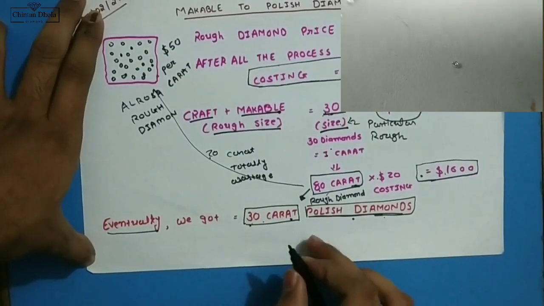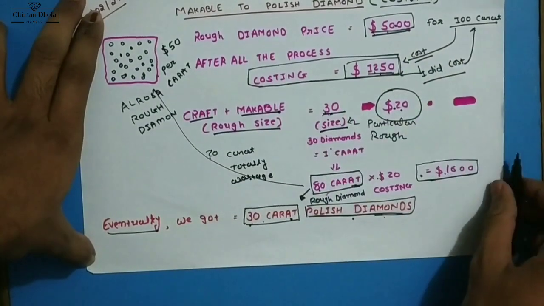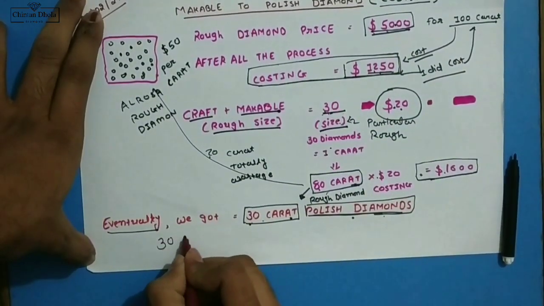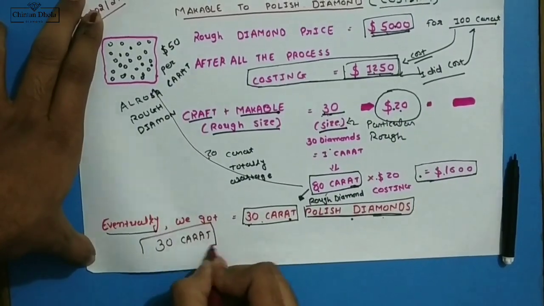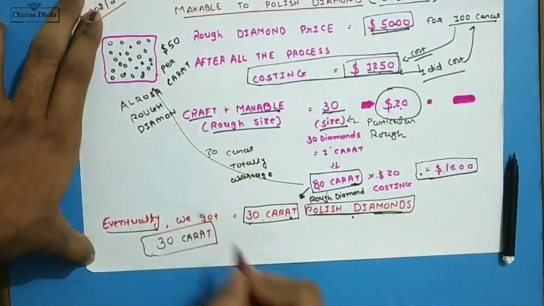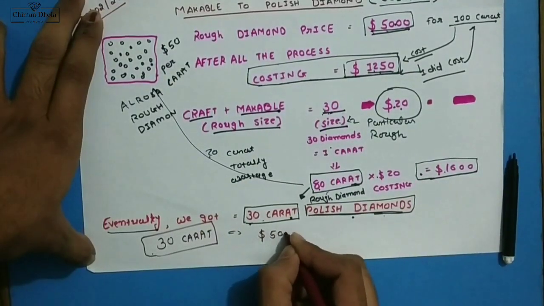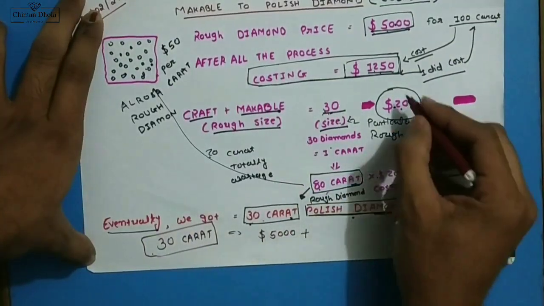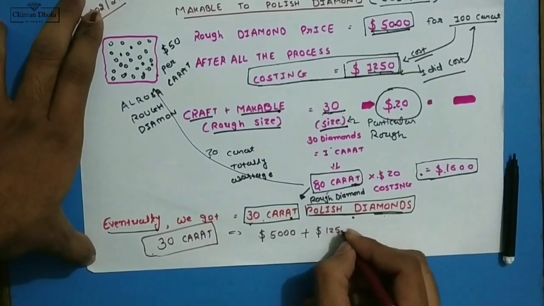Now I will teach you how I include all the costing. First I have 30 carat. Okay, that is final. I have only 30 carat polished diamond from this, and I already paid 5,000 for the rough diamond. After that I do some types of costing like $1,250.